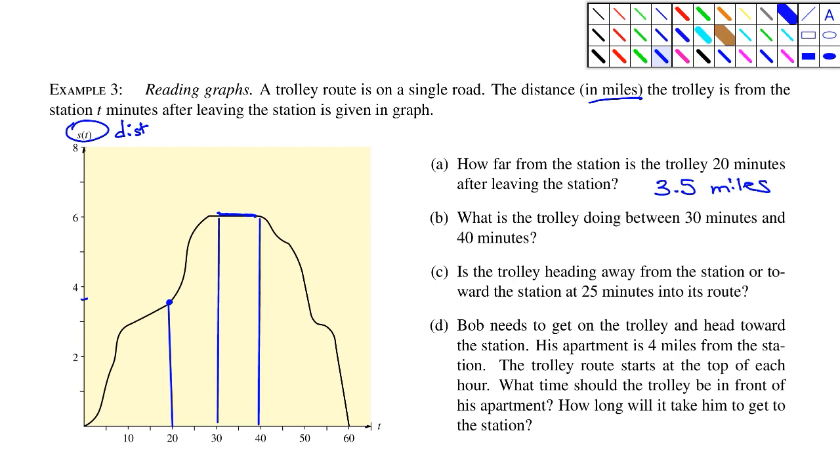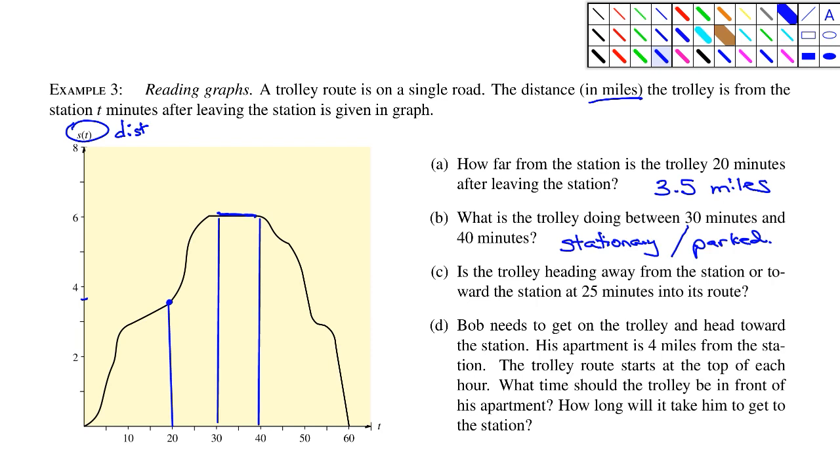It's always 6 miles. So we would say that the trolley is stationary or parked. It's probably at a location where people would normally get on the trolley at that point.